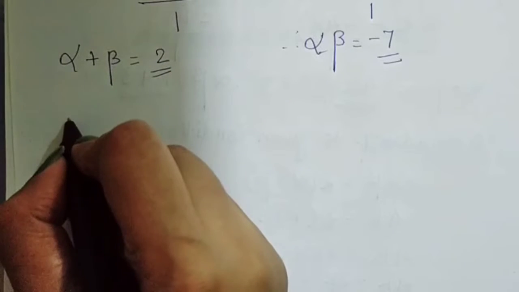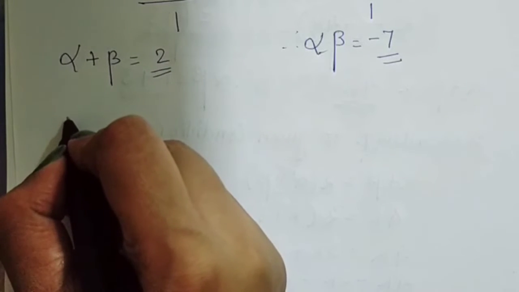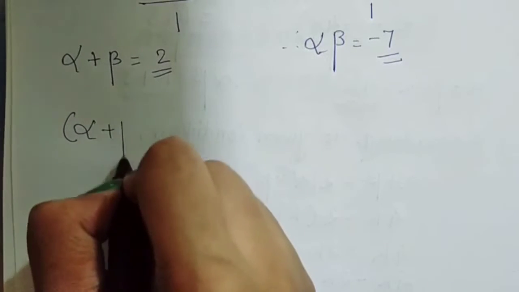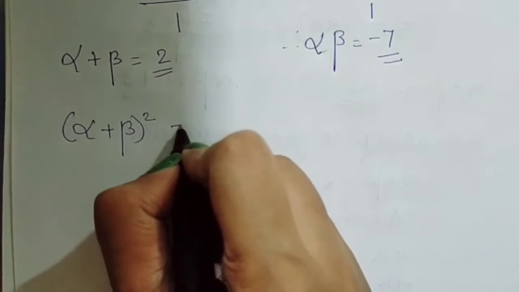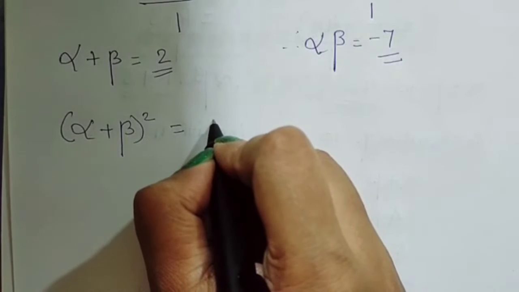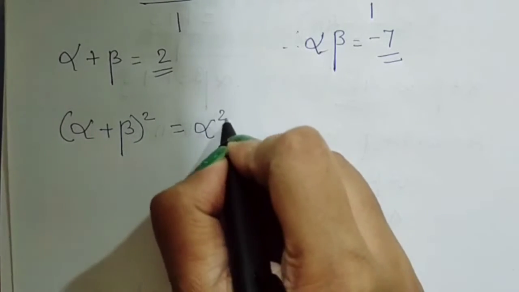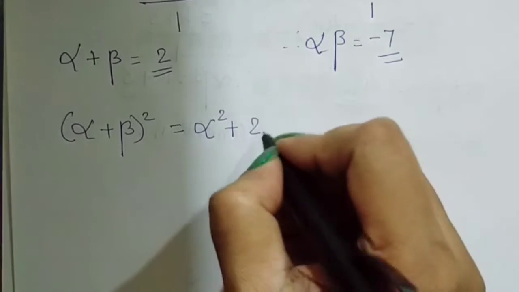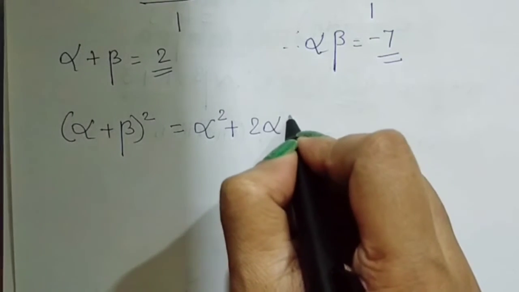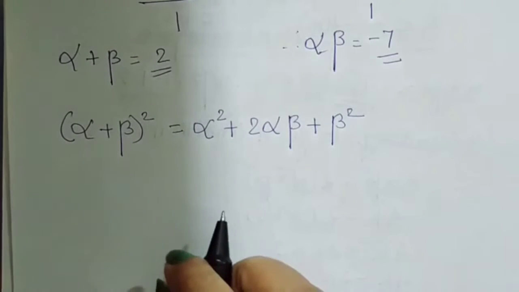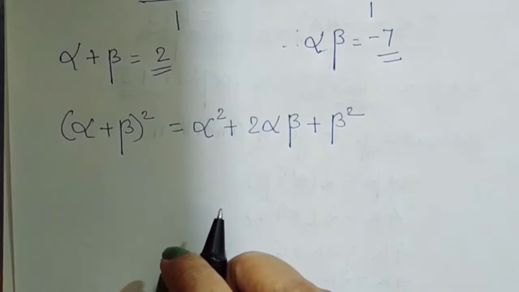Now here I am writing the formula. alpha plus beta square is equal to, just like a plus b square, alpha square plus 2 alpha beta plus beta square.